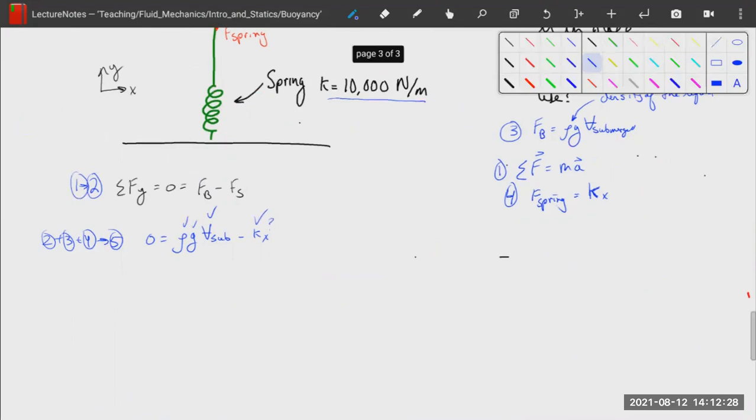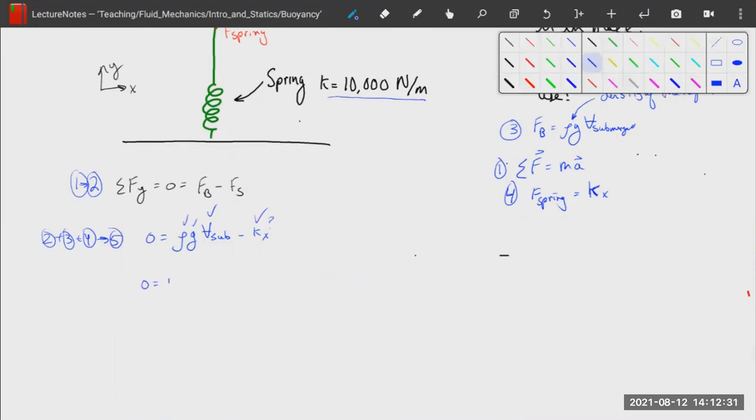So if we do that, if we say 0 is equal to 1,000 kilograms per meter cubed times 9.8 meters per second squared times 0.25 meters cubed minus 10,000 newtons per meter times x. Now, if we solve for x, we find out that x is approximately equal to 0.25 meters, which is a happy little accident.